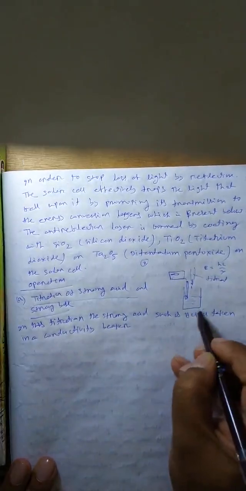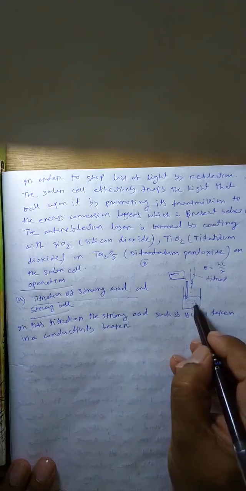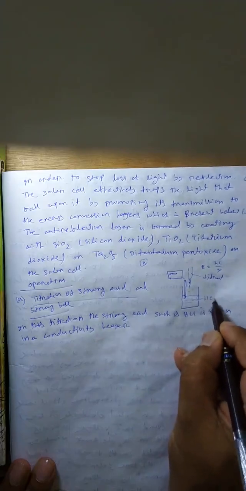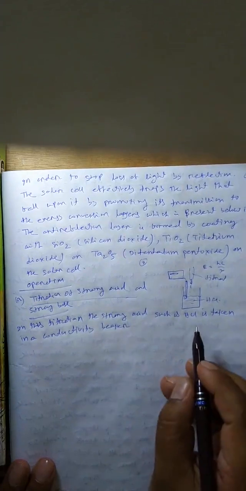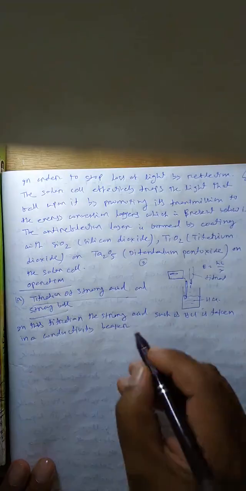That means this is a conductivity beaker in which we take the strong acid HCl. The beaker which contains HCl is called the conductivity beaker.